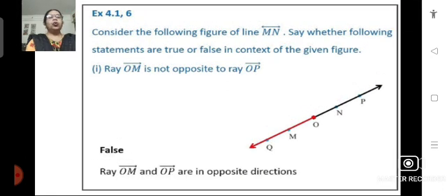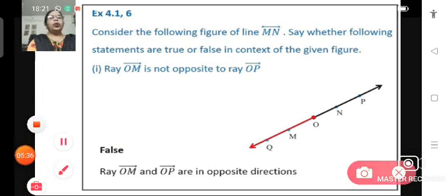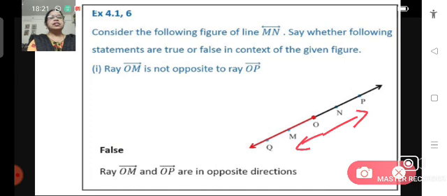Next statement, ray OM is not opposite to ray OP. But rays OM and OP are opposite, isn't it? OM and OP are opposite rays. So this is a false statement.